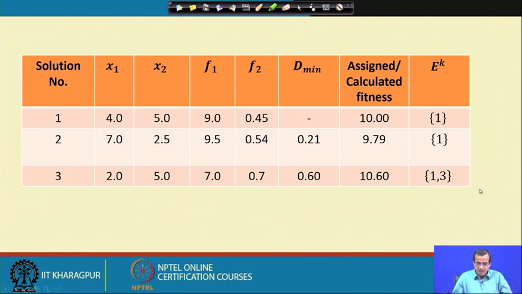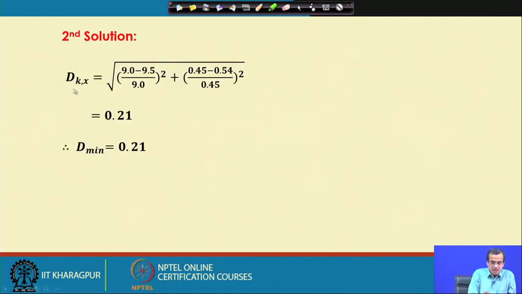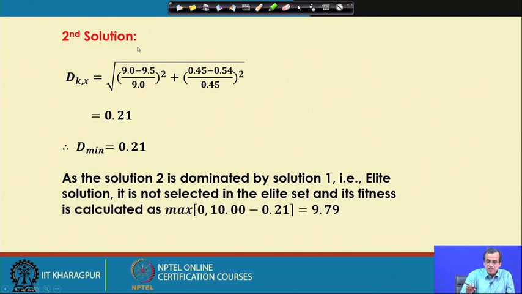To get that particular Euclidean distance value, what we do is we try to find out this d k x, that is nothing but the square root of 9.0 minus 9.5 divided by 9.0, squared, and so on, the formula I have already discussed. So, 9.0 corresponds to the elite one, that is the non-dominated one, and 9.5 corresponds to the solution capital X, the new solution, that is the second solution.